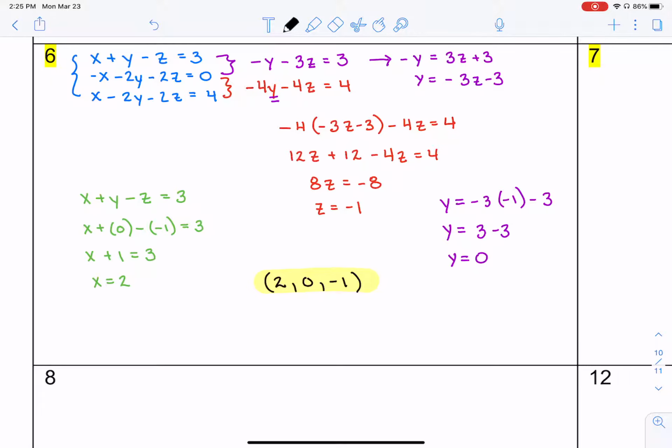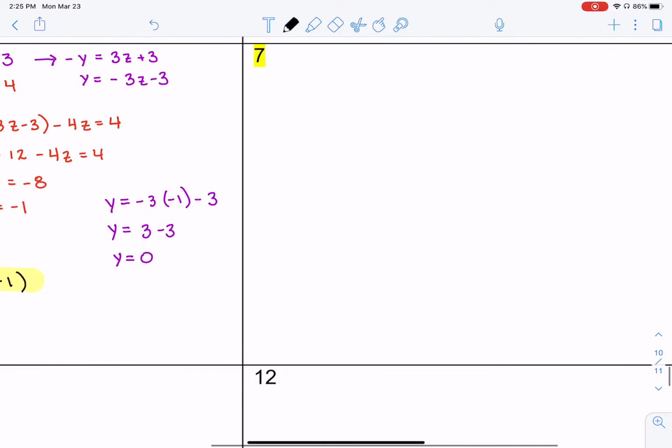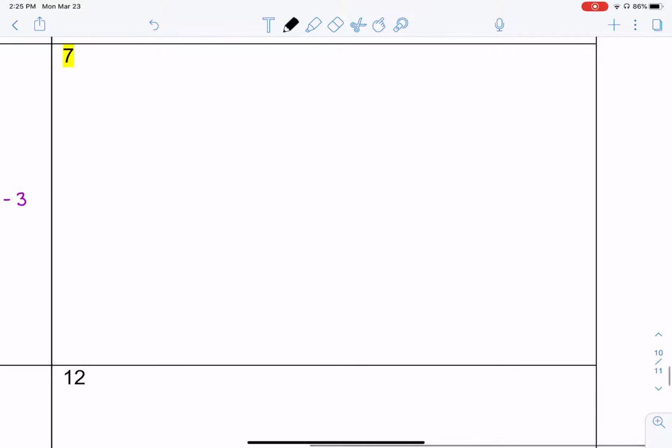I'm going to head over to do number 7 next. Copy this down. Take a look at what variables might easily be able to cancel.